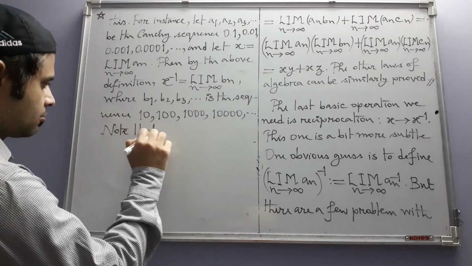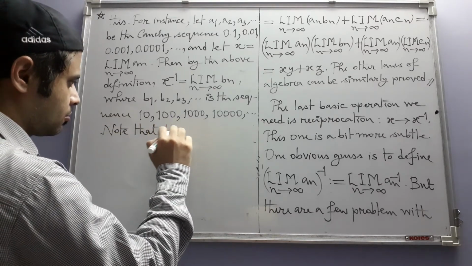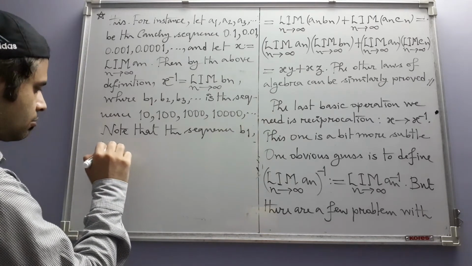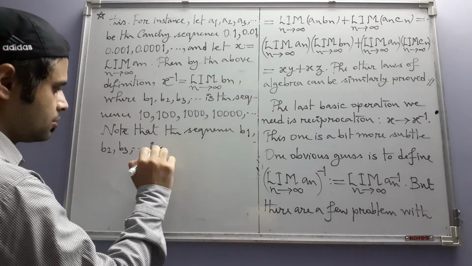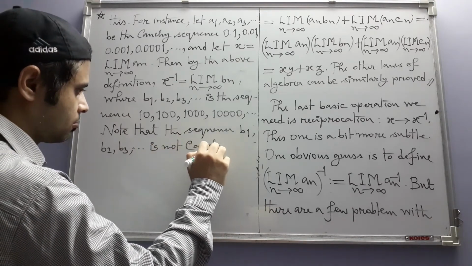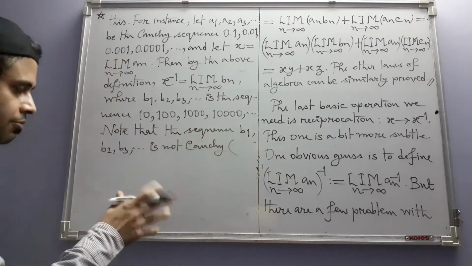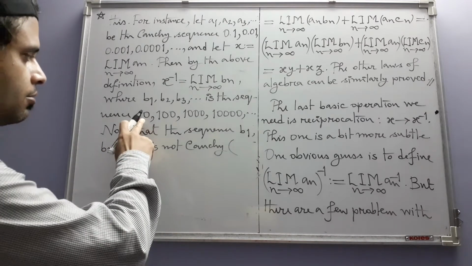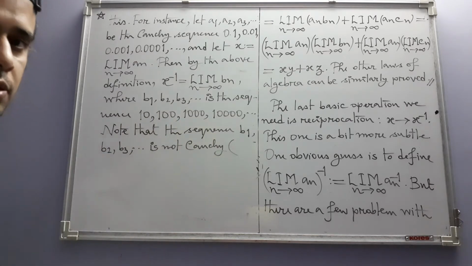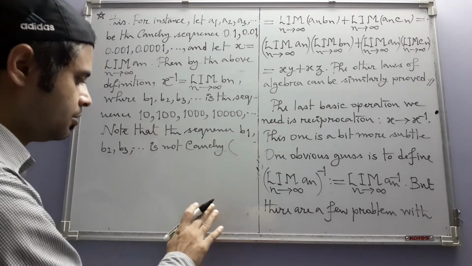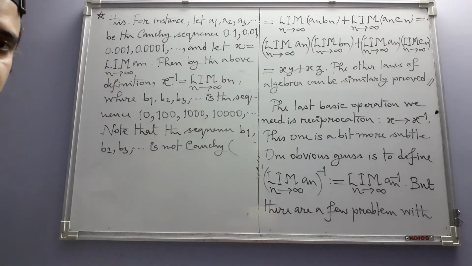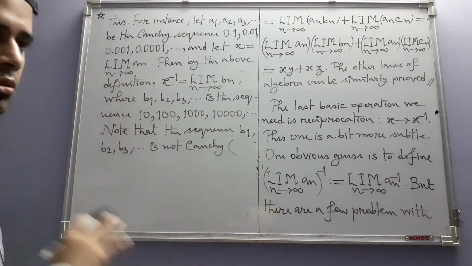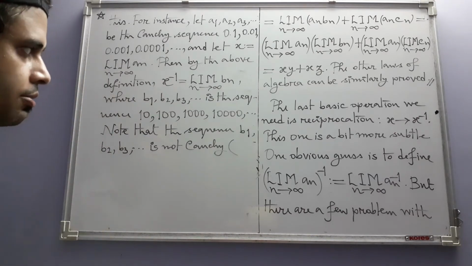Note that the sequence is not Cauchy. If you want to verify that, ideally you can use the definition of Cauchy sequence and show that it does not satisfy the definition, but a better way would be to see that a necessary condition for Cauchiness is violated. Any Cauchy sequence must be bounded.